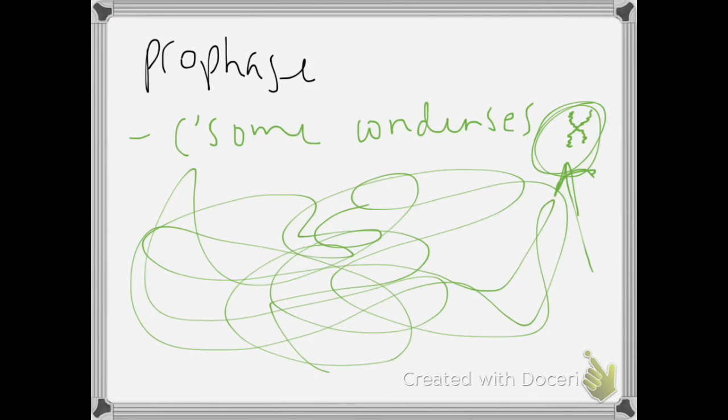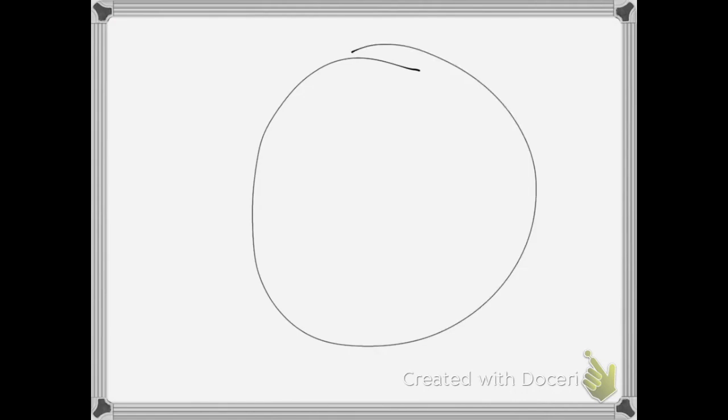So the mitotic spindle, if we come here and we draw a cell. In the video we talked about a centriole, so for the centriole, you should go back to the organelles video if you need help with that. This is our nucleus. In prophase, our nuclear membrane is going to divide, so all this nuclear envelope is going to disappear, and then we're just going to get this lining up of chromosomes.